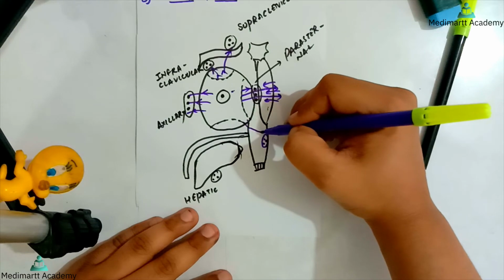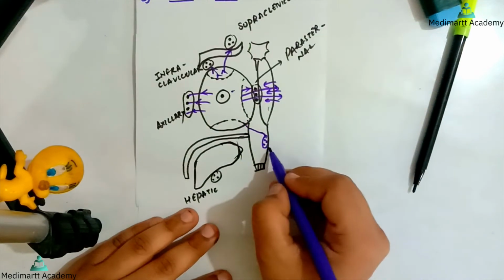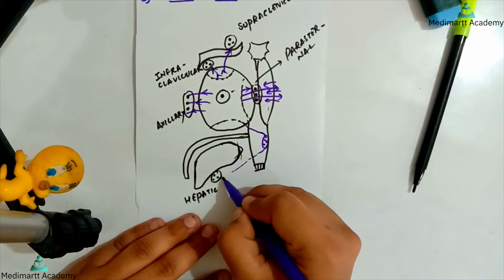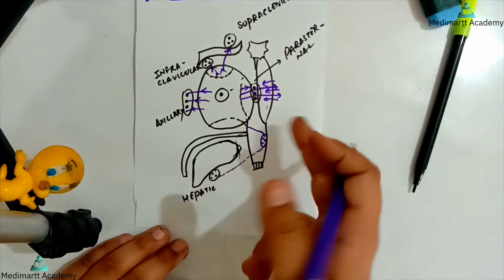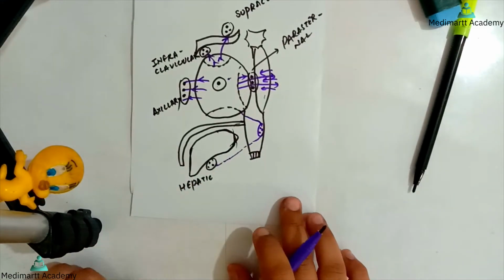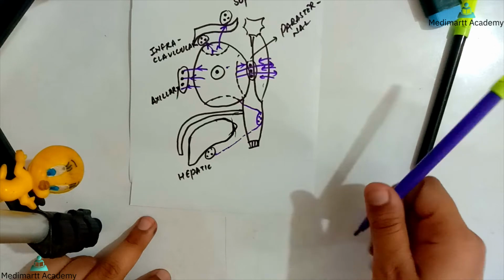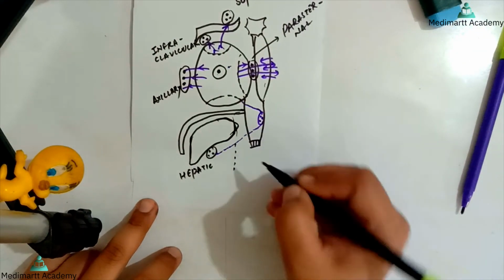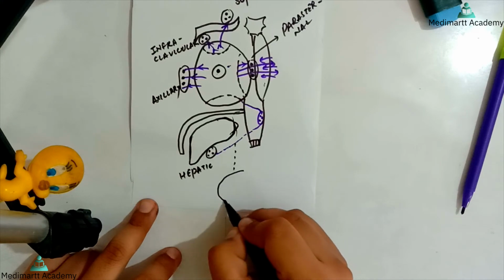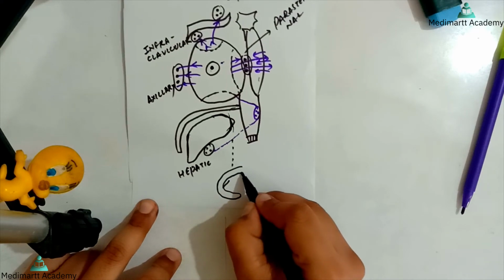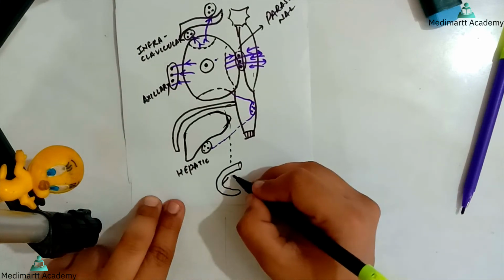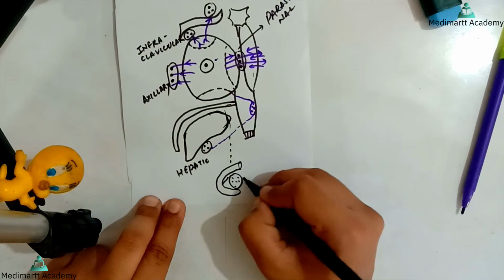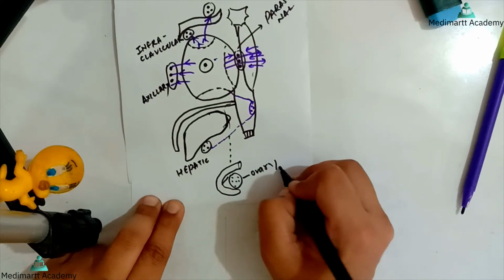Okay, it also drains into the subdiaphragmatic and hepatic nodes, we can say. And also these are connected to the ovary, since obviously it's a female thing, so there will be the ovary. This is the ovary.